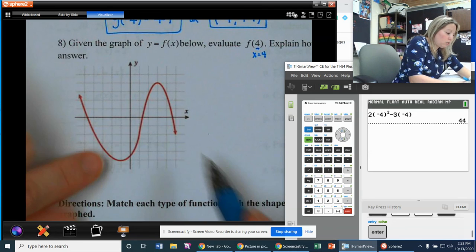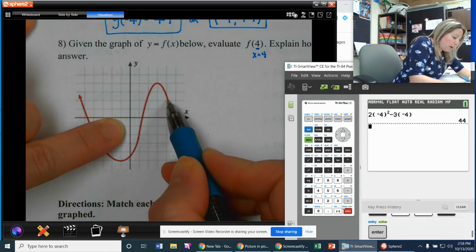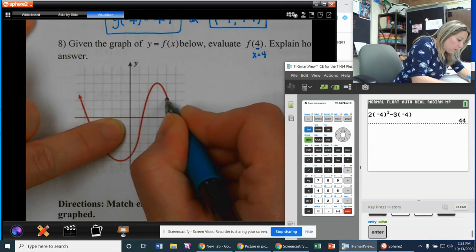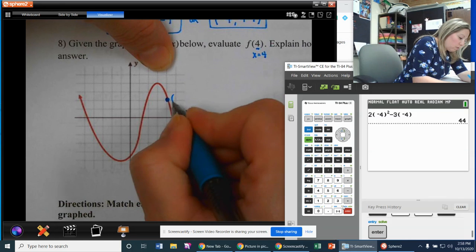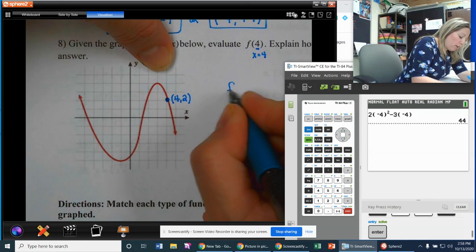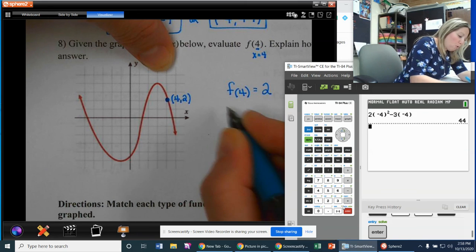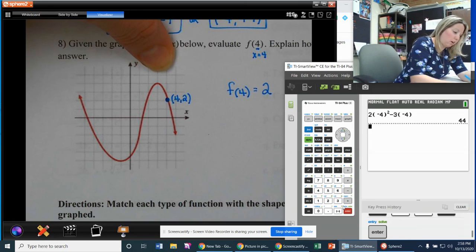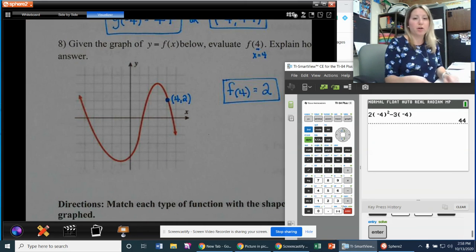So go down to the x-axis, 1, 2, 3, 4, and find where we touch the graph. And it's right here, okay, which looks like 4, 2 is the point. So what's the output? F of 4 equals 2, because that point was 4, 2. Okay, that's the output. It's the Y value or the output.